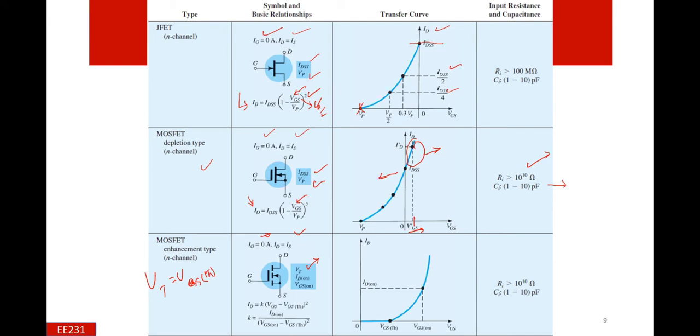And in this case, the relation between the controlled parameter and the control parameter is different, because here is some coefficient, which is the ratio of the current and the square of the voltage difference between VGS in saturation and the threshold voltage.